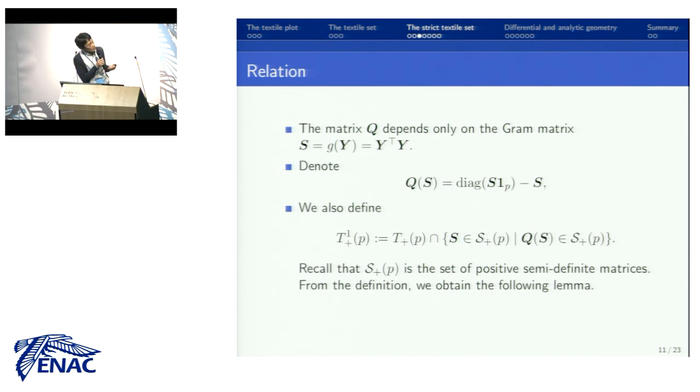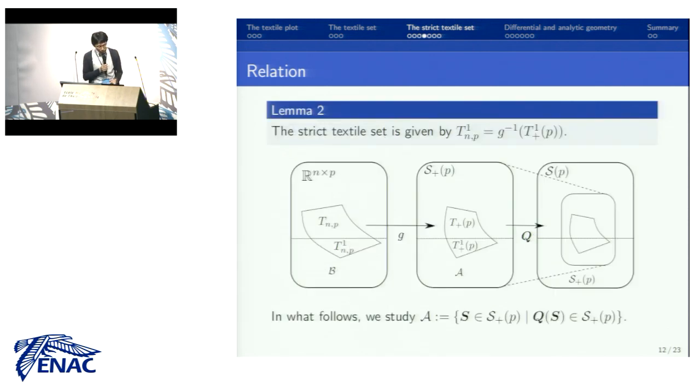And we also define the set T plus 1P by the intersection of T plus P and the matrices S with the property that Q of S is positive semi-definite. Then the strict textile set is given by the inverse image of T plus 1P.